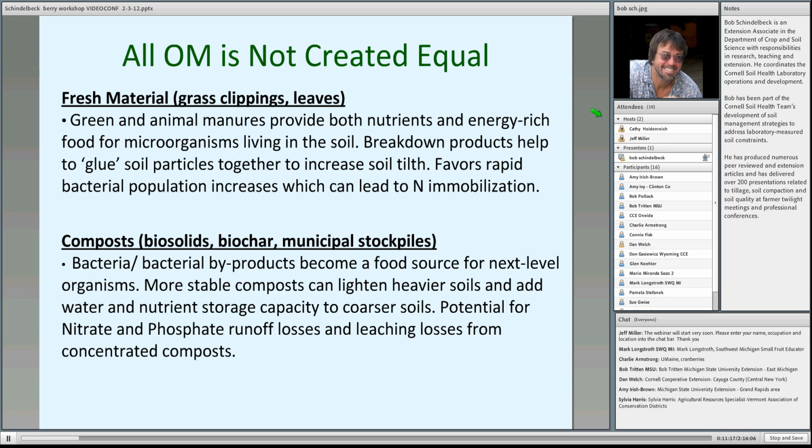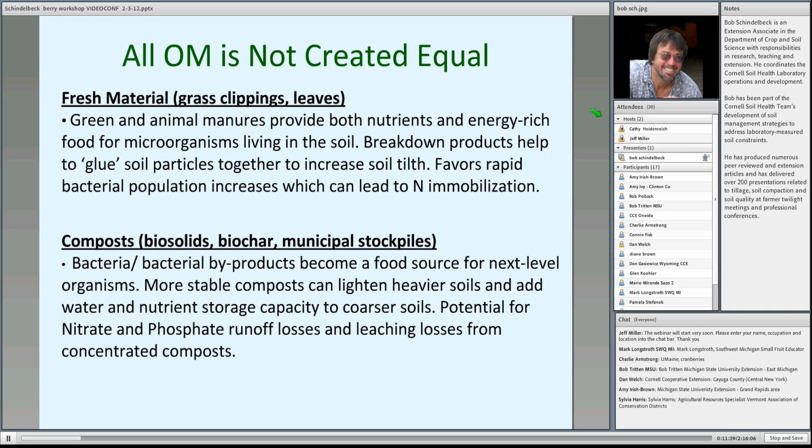On the other hand, composts, and here I mean in an extreme sense, compost, everything from piled up leaves, biosolids, biochar, municipal stockpiles, these sort of long-term produced composts that could be trucked and brought in.